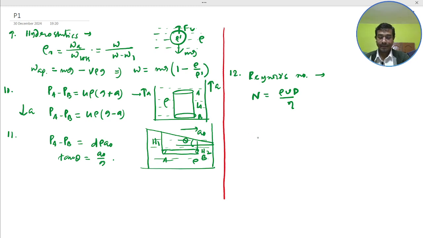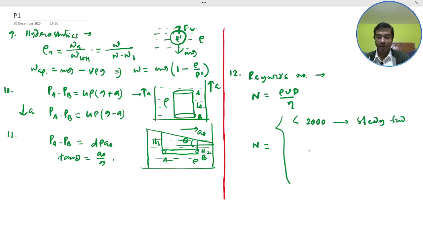For the Reynolds number N, if N is less than 2 into 10 to the power 3, that is 2000, this is the steady flow.